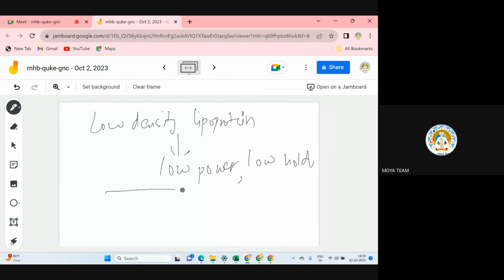So what will happen? These low density lipoproteins, when transporting cholesterol from one place to another, drop some cholesterol in the blood, and this cholesterol starts accumulating on the surface or on the lining of our blood vessel.